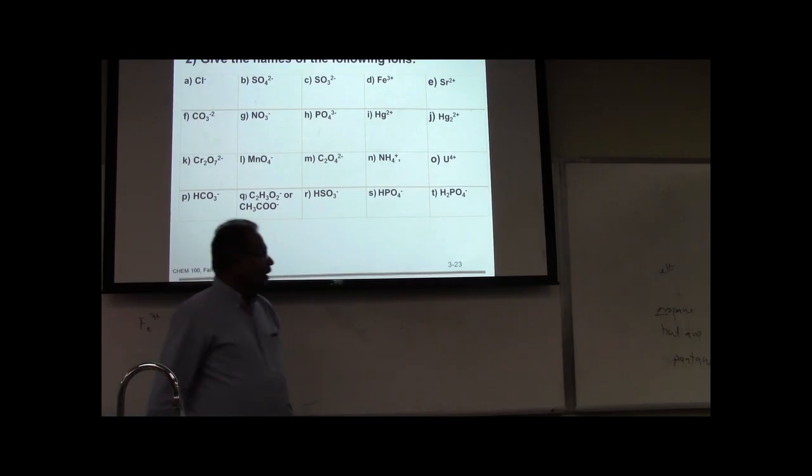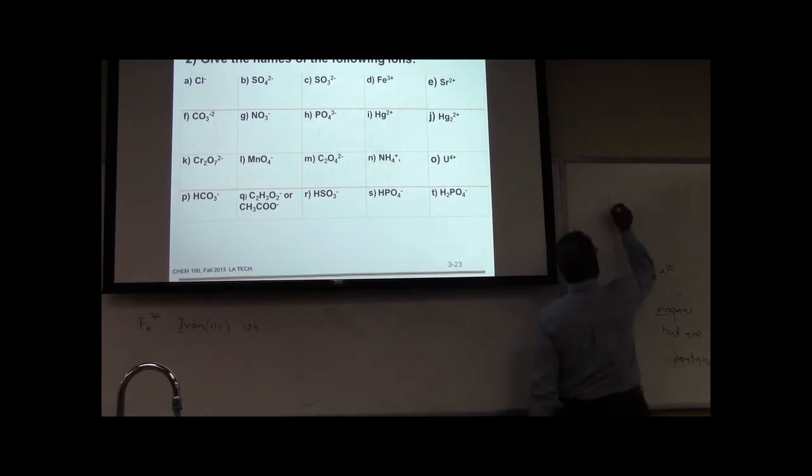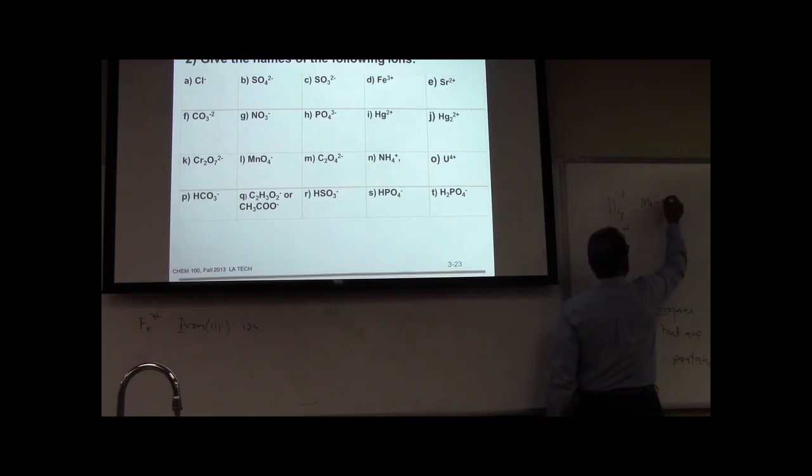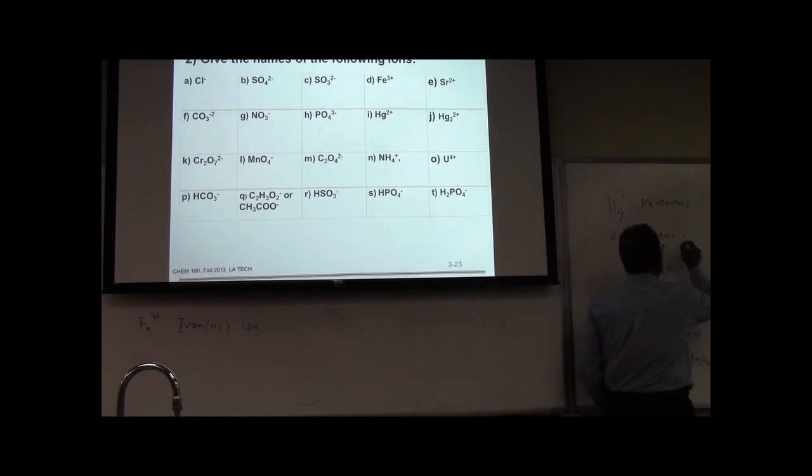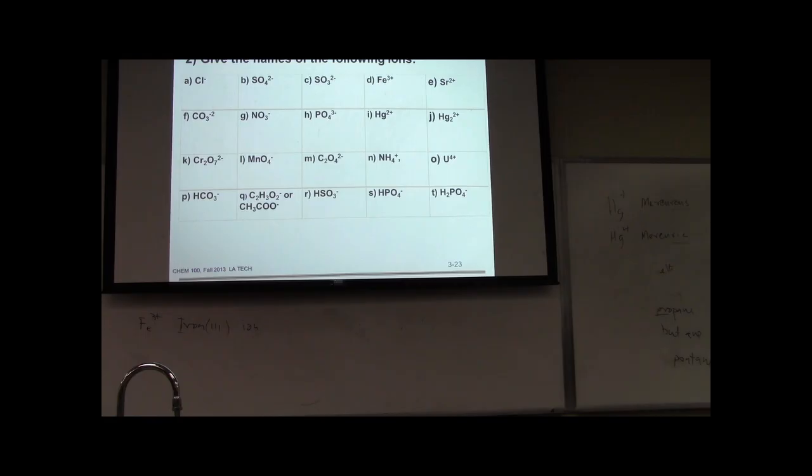That one, mercury 2. Okay, now let me tell you about this story. Mercury plus and mercury 2 plus. That's called mercurous. Mercury. Okay. Now E is the whole system. S means less charge. E means more charge. Ferrous, ferric. What is the ferric?